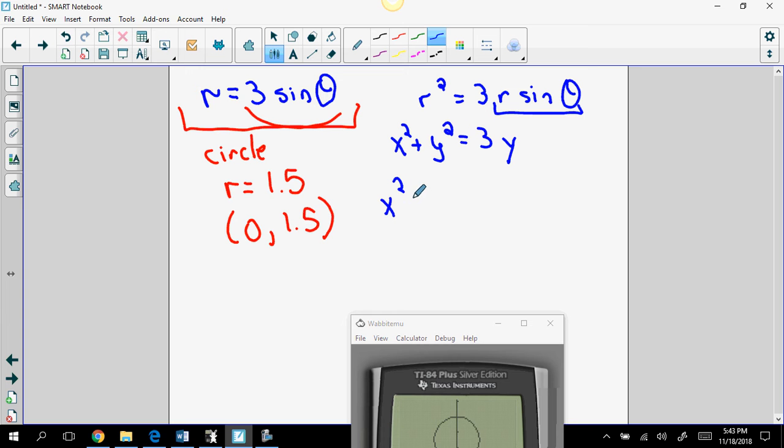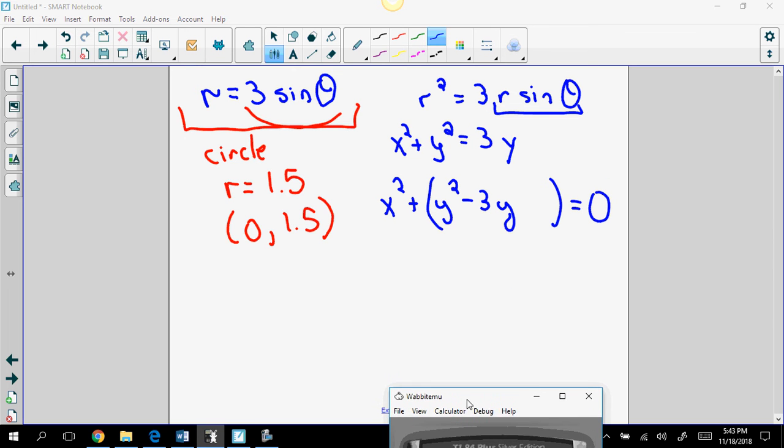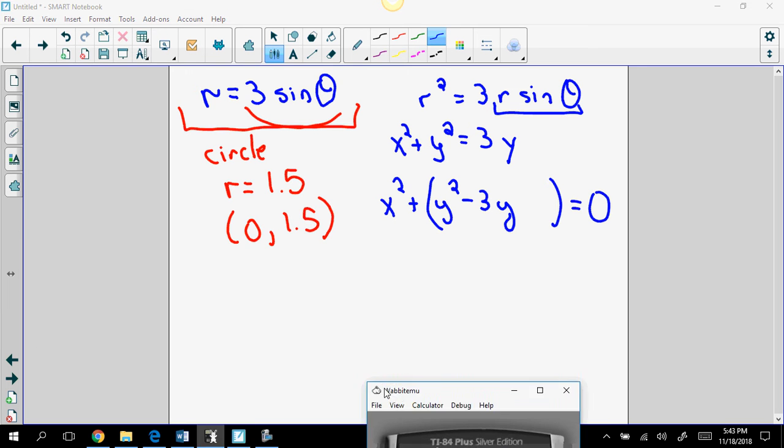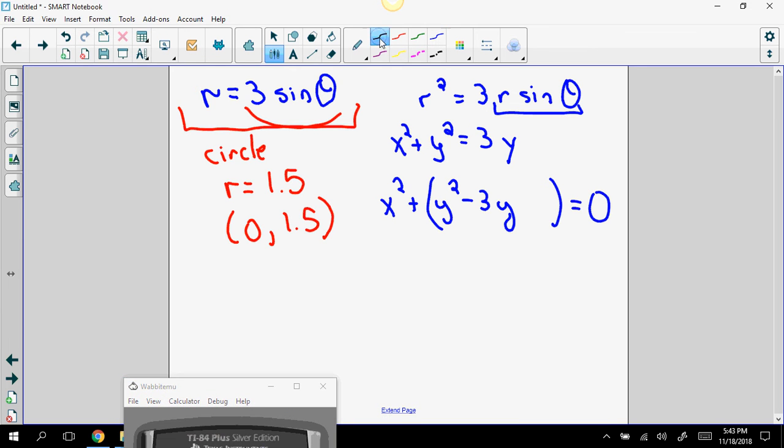Now this is where I get to say recall. And you get to get mad at me because you forgot how to do this. This is called completing the square. So you take the middle term times 1/2, you get -3/2.